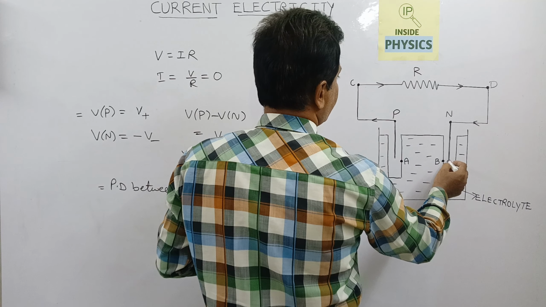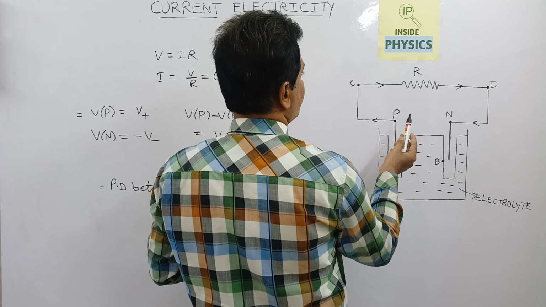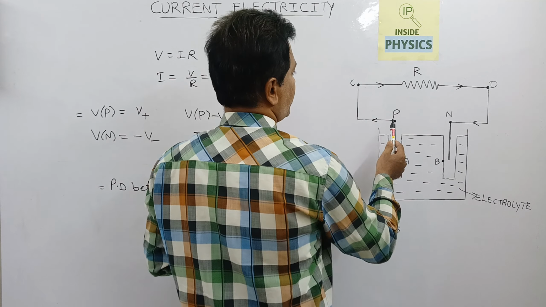In the external circuit the current is flowing from P to N, and in the electrolyte the current flows from N to P, right? In the external circuit the current is flowing from P to N. In the electrolyte the current is flowing from N to P.